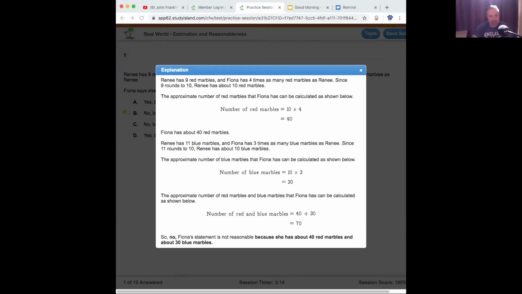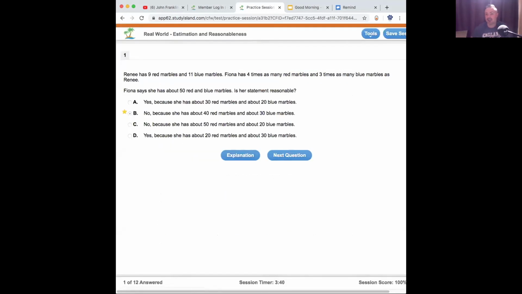I did the actual numbers. They rounded up first, meaning they took the number of red marbles Renee had, 9, and rounded it up to 10. And then Fiona had 4 times as many, so that's 40. I did 9 times 4, which gave me 36, and I rounded 36 up. So there's different ways to do it. This is the way they chose to do it. So there you go.